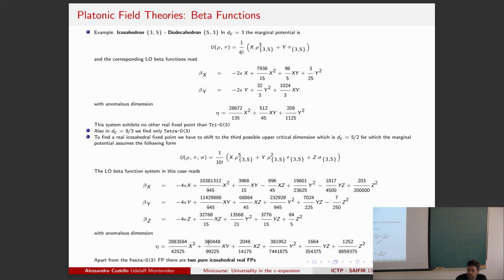So there are 2 non-trivial CFTs with icosahedral symmetry that have upper critical dimension 5/2.5, so that they must go in 2 dimensions to something. And so in 2 dimensions, we expect 2 theories with icosahedral symmetries, and then you can also compute their properties.